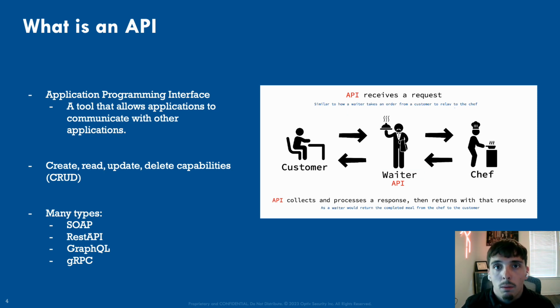I used to think of them similar to programming language functions, and the concept in my head was a vending machine, right? I enter $1, I get a can of Coke. But I came across this waiter diagram maybe 2 years ago that I think really helps understand what the API actually does for someone that doesn't know what it is or works on the non-technical side. So the API is just like the waiter, right?